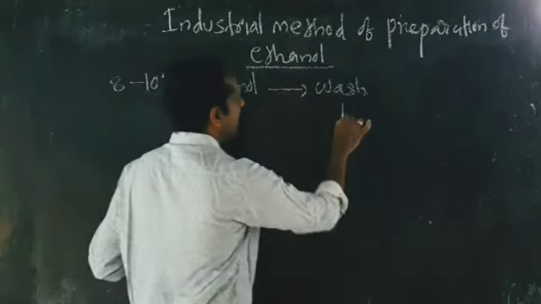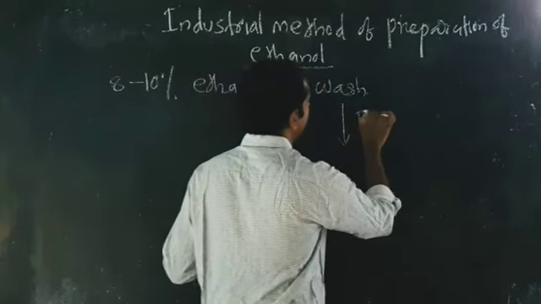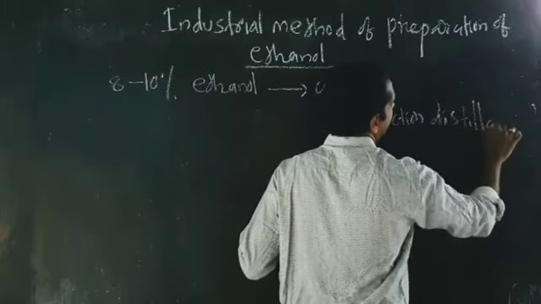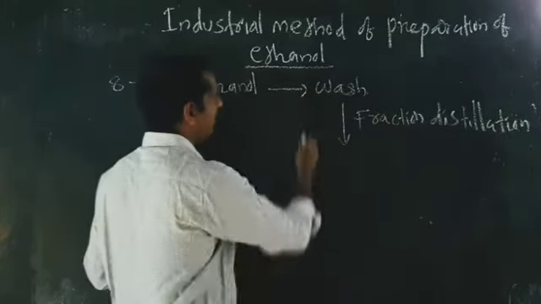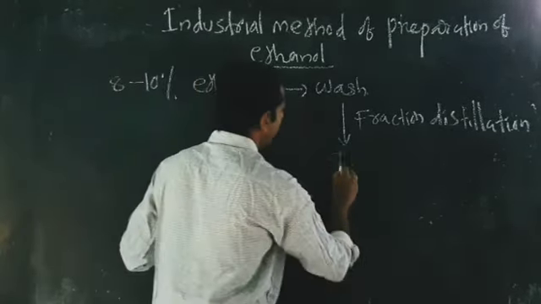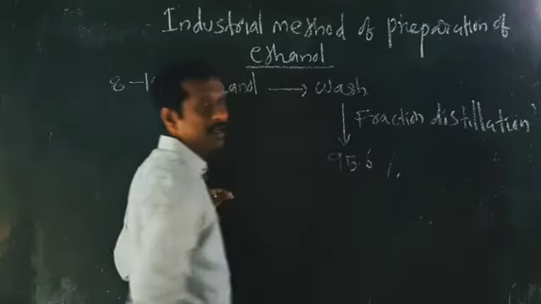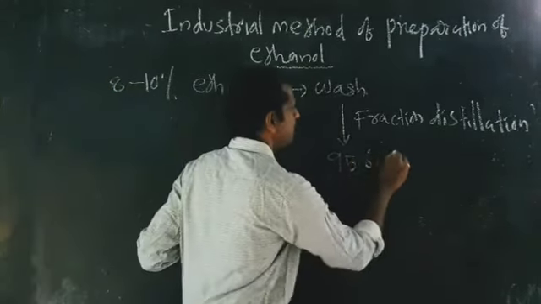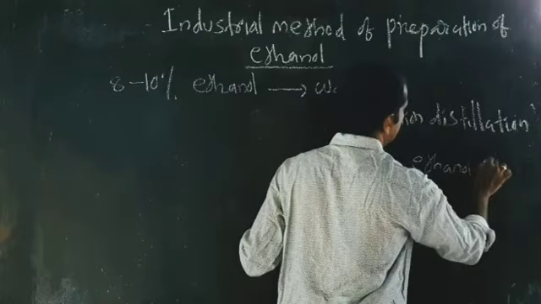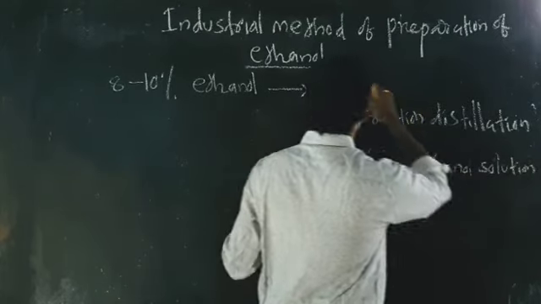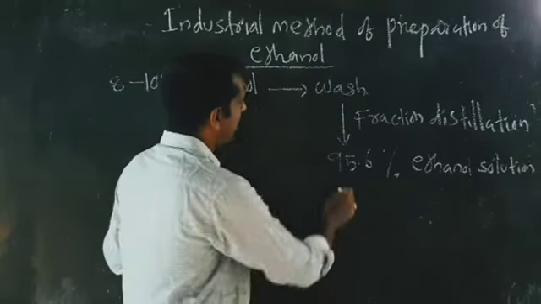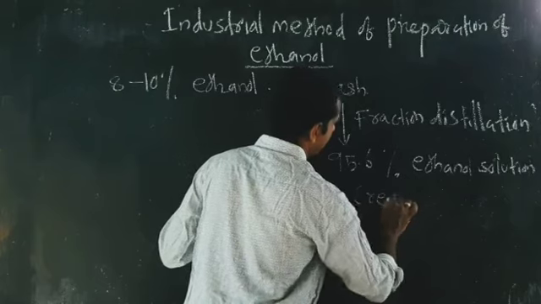Now this wash, by fractional distillation, gives 95.6% ethanol solution, which is known as rectified spirit.